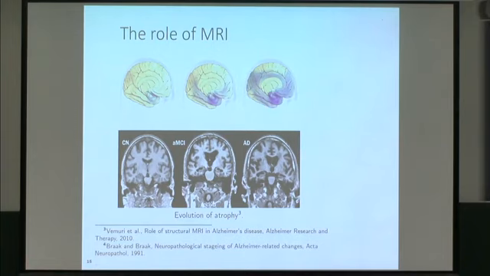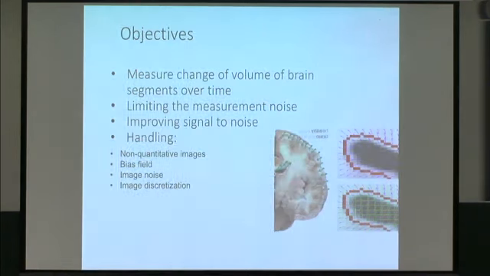Various parts of the brain shrink at various speeds, especially the hippocampus is involved. Here we have a part of the ventricles, and we are looking at the deformation field over a period of a year, and what we want to measure is the change that has happened over this year.